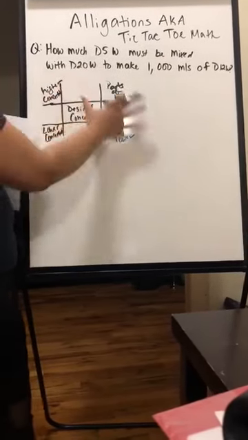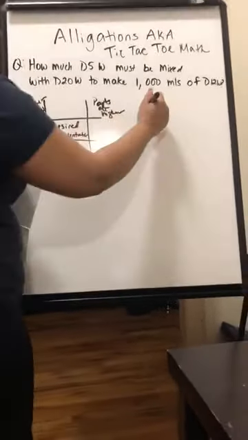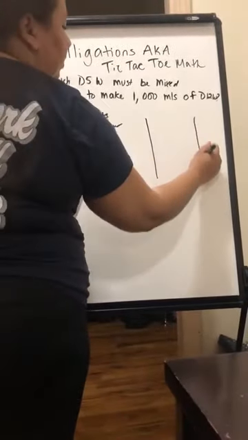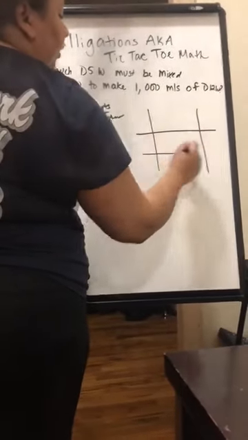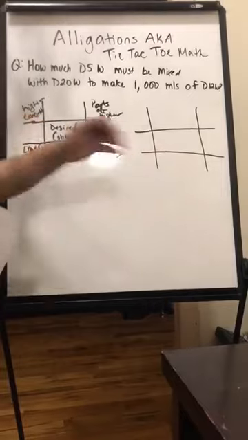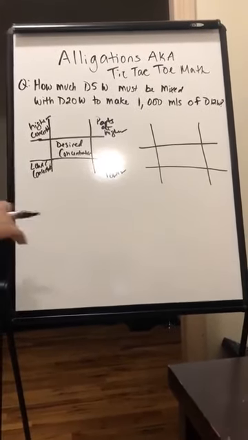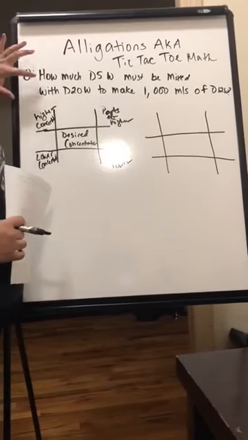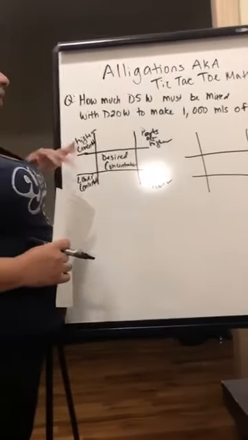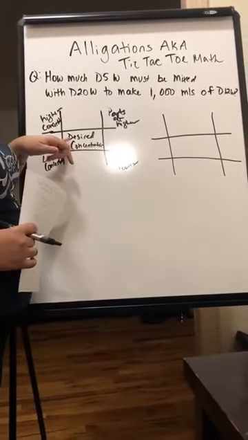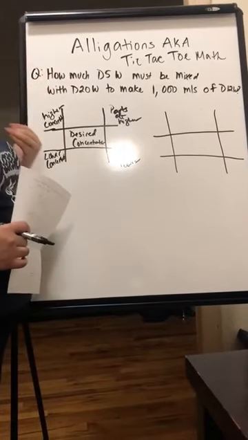So this grid is where your numbers belong, but of course your grid will be empty, so I'm placing your numbers where they belong. This will be a blank grid. On the grid, we need to find out what our desired concentration is. What is the problem asking us to make?